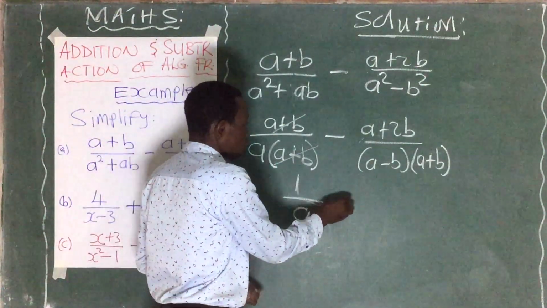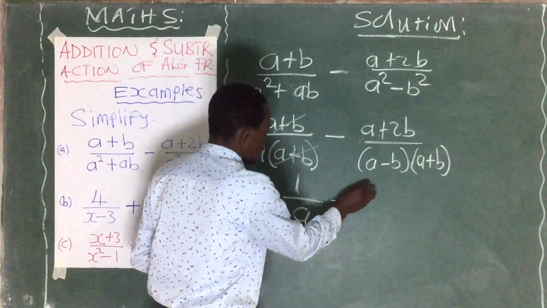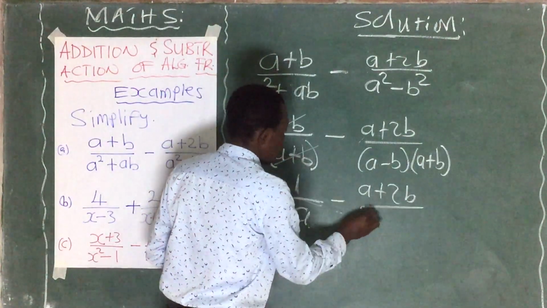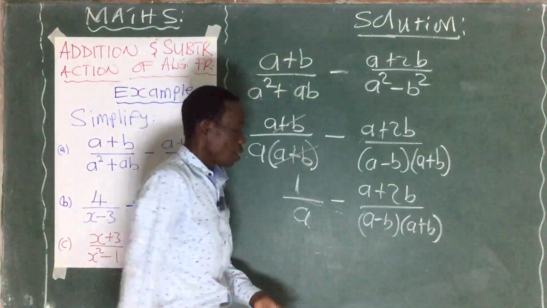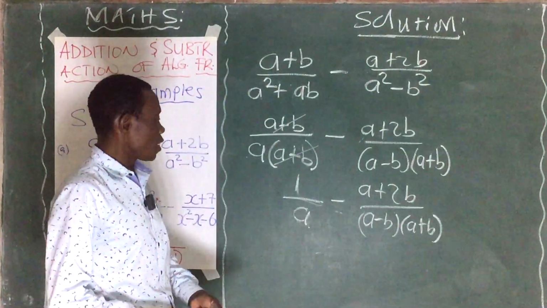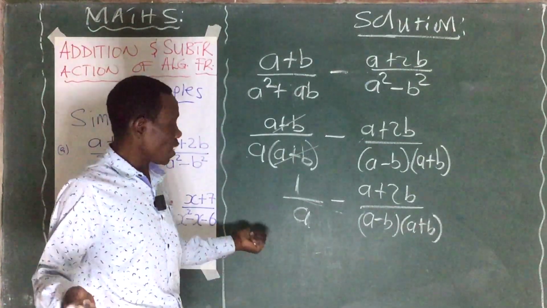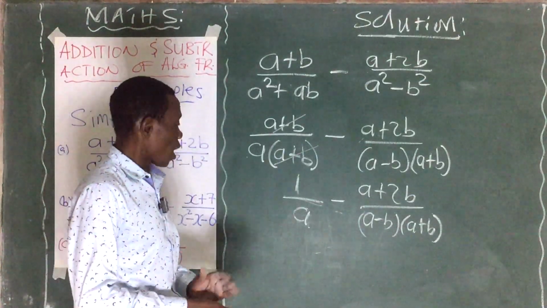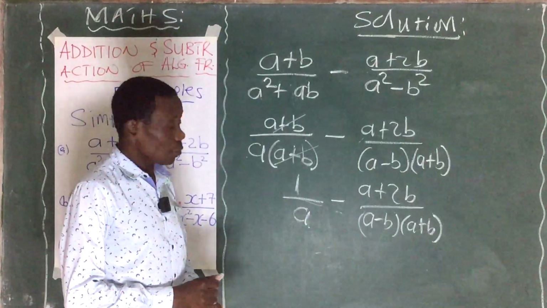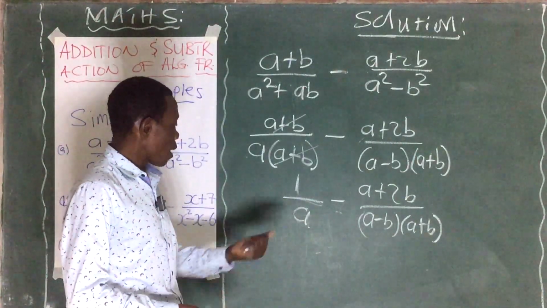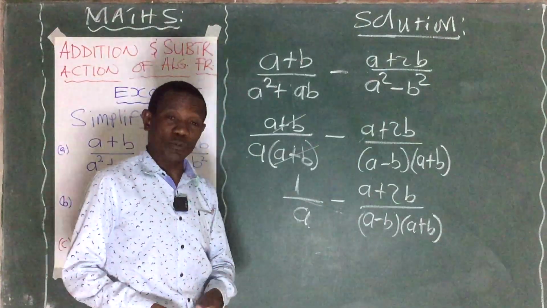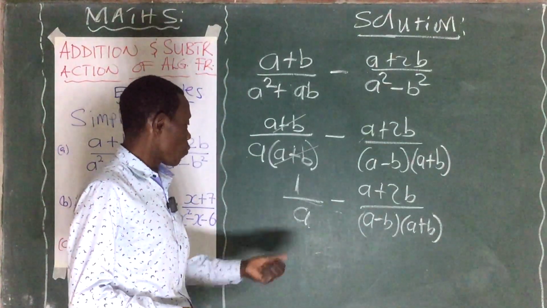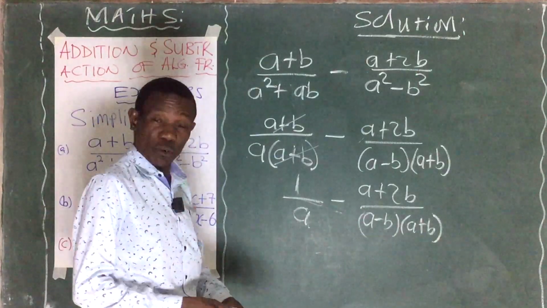This is the one which is supposed to subtract a plus 2b over a minus b, product a plus b. From this stage, you just follow the procedures of fractions, where we operate on fractions by addition or subtraction. First of all, we have to consider the common denominator.